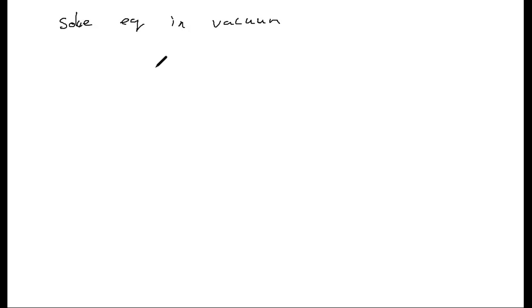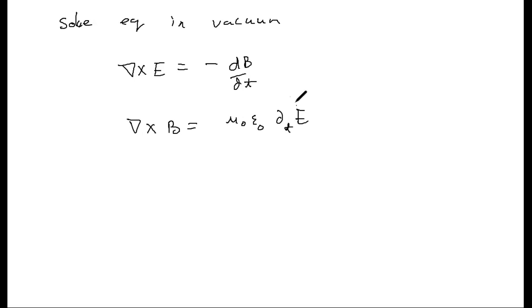We're going to imagine you're out in vacuum. And in that case, we have del cross E equals minus dB dt. And similarly, we have del cross B equals mu naught epsilon naught times the time derivative of E.